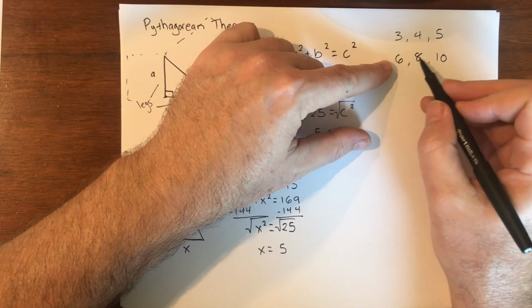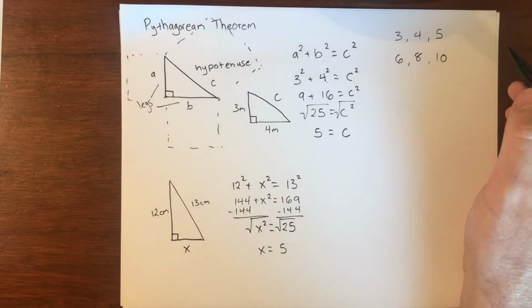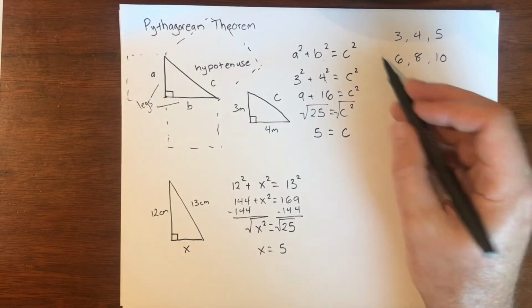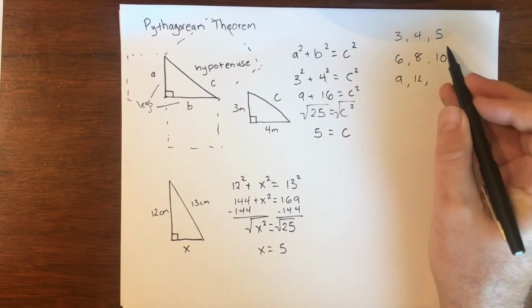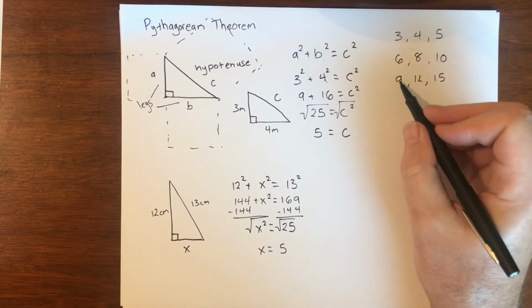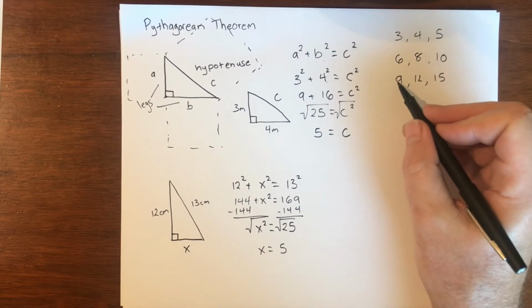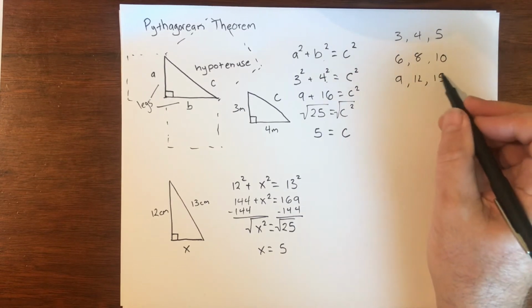36 plus 64 equals 100. See how that works? And then again, this is a scale factor of 2. Let's do a scale factor of 3 and get 9, 12, and 15. 9 squared is 81, and 81 plus 144 equals 225.